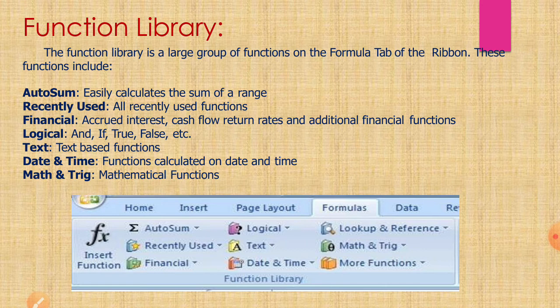Now the function library. A function library is a large group of functions on the formula tab of the ribbon. These functions include AutoSum, recently used, financial, logical, text, date and time, math, and trig. So all these functions are available under the function library option.